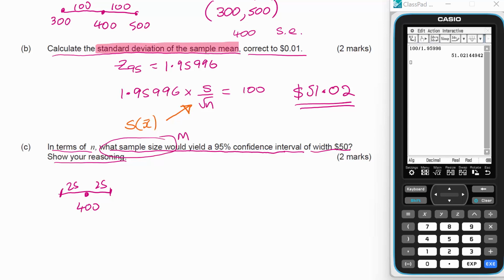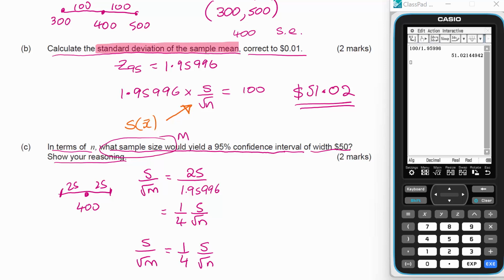Then it follows that s over root m would be equal to 25 over 1.95996. Or if you like, that's equal to 1/4 of s over root n.